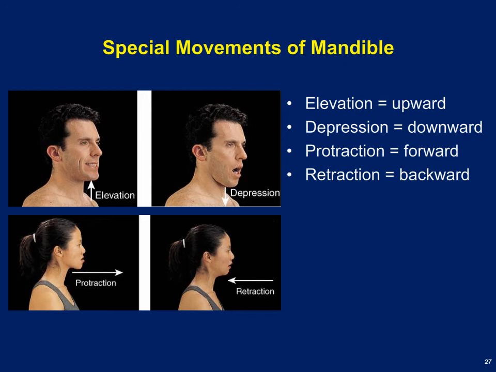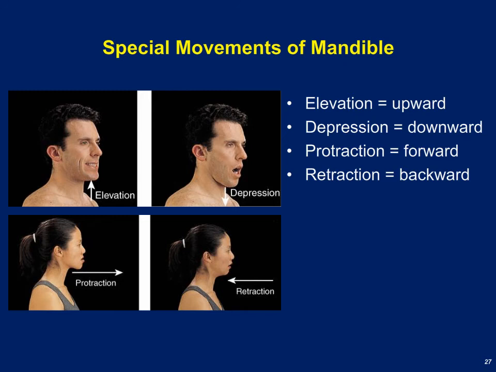Now the reason that all these different movements are important is the function of the jaws, of course, is to masticate and grind the food. And this doesn't simply involve some up and down movement, but it also involves some forward and backwards movement. Think about eating a carrot. Where in your mouth are you going to chew on that carrot?